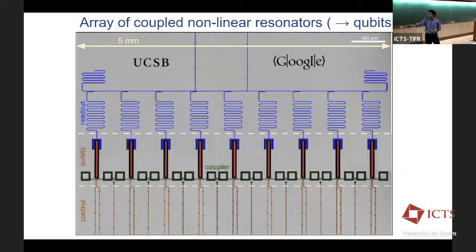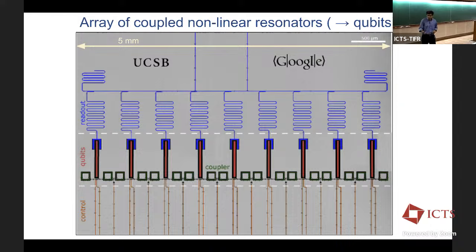Each of these capacitors is colored red, and then there's a Josephson junction following it, and between each two qubits there is another qubit, or another nonlinear resonator, whose frequency you can tune, and you can realize hopping between two qubits by virtual hopping through these coupler elements.